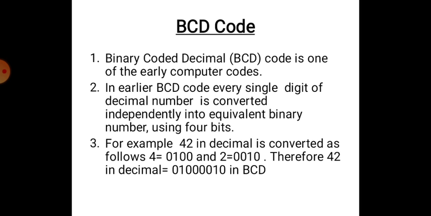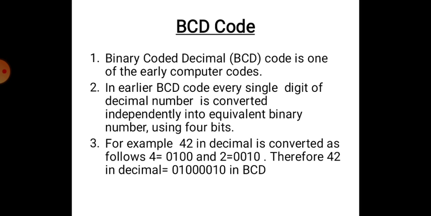Students, binary coded decimal was developed in early stages, and the binary coded decimal of earlier stages had 4 bits. So every decimal number was converted into equivalent binary number independently. Every single digit in a decimal number was converted independently.